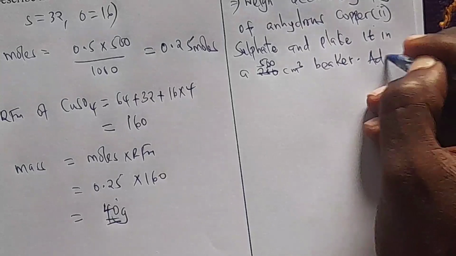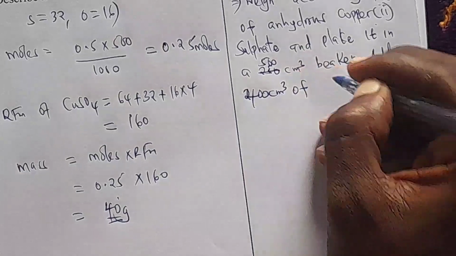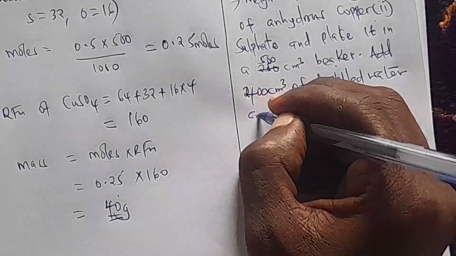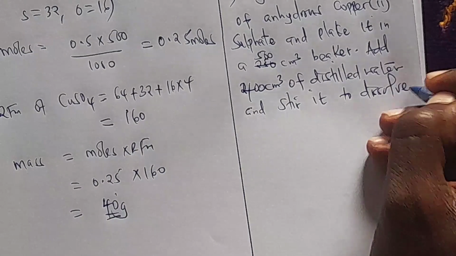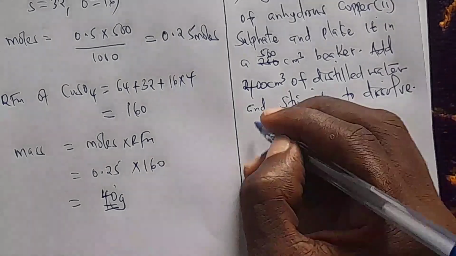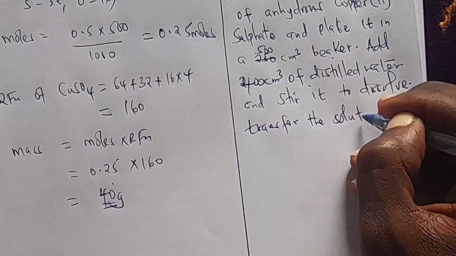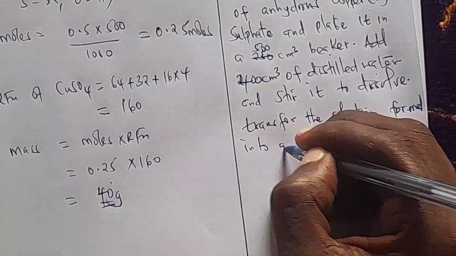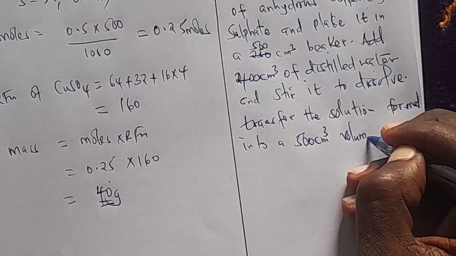Full stop. Add 200 or 400 centimeter cube of distilled water and stir it to dissolve. Full stop. Transfer the solution formed into a 500 centimeter cube or a 500 ml volumetric flask.